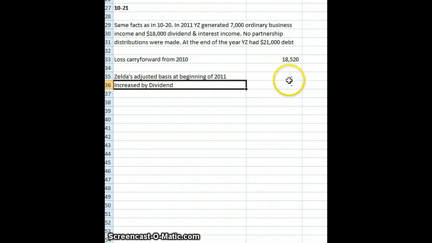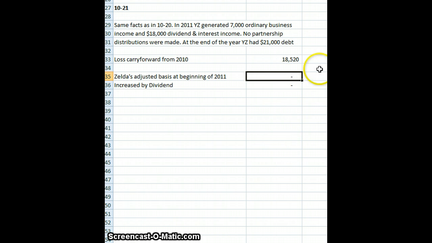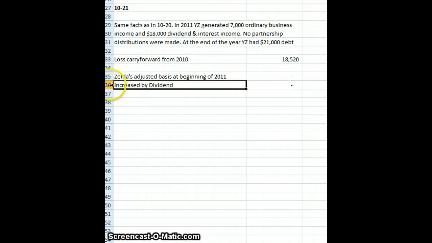So we start off with our basis at the beginning of the year, which is 0. We are going to increase that basis. We're not quite to the dividend yet. So our basis increases by 60%, as always, of our business income.